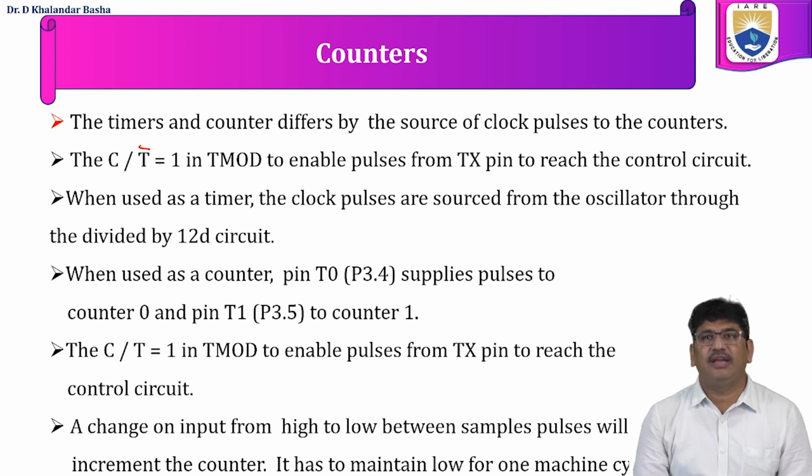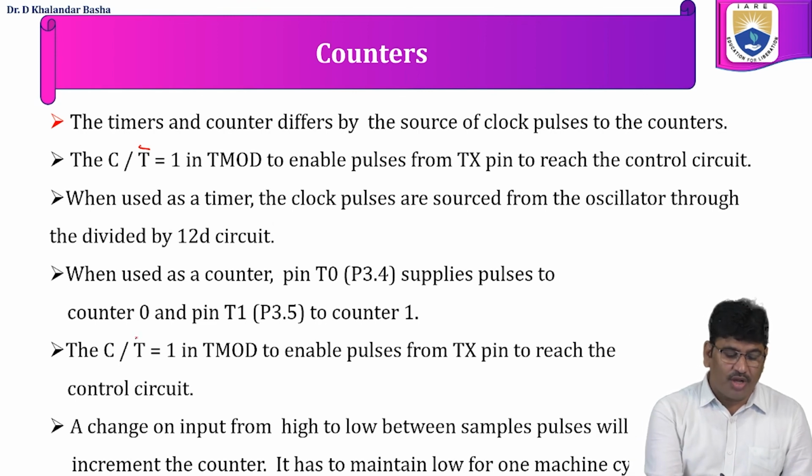When used as a timer, the clock pulses are sourced from the oscillator through the divide by 12 circuit. When used as a counter, the pin T0, port 3.4, supplies the pulses to counter 0, and port 3.5, which is pin T1, supplies the pulses to counter 1.